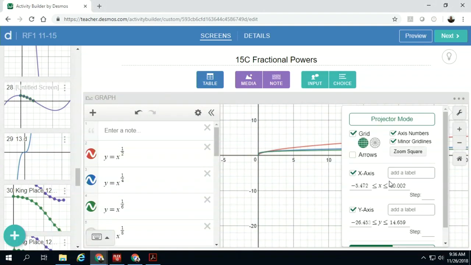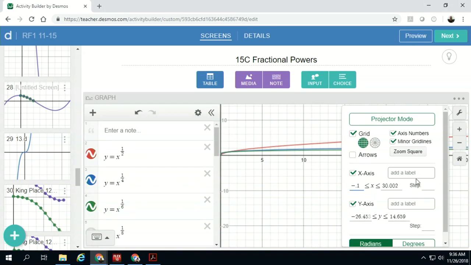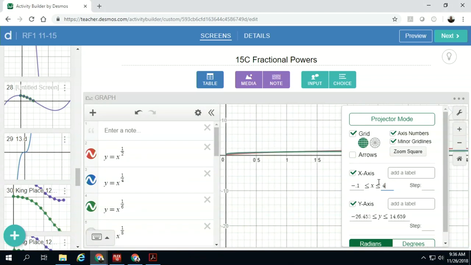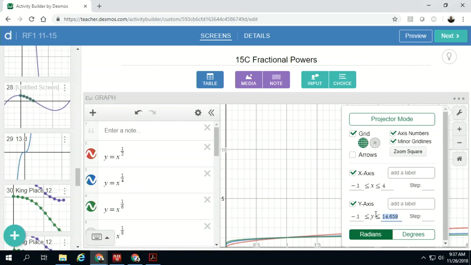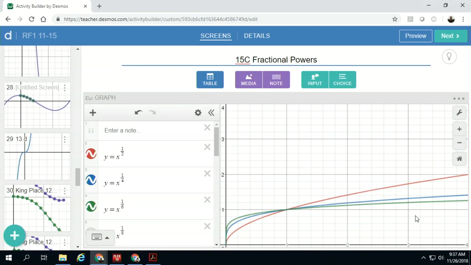So I'm going to change my axes to go from negative 0.1 up to 4, and on the y-axis from negative 0.1 up to 4. So I'm going 4 in each direction. My top graph is x to the 1/4. So I'm going to draw that in, and square root of x, so that's x to the 1/2.